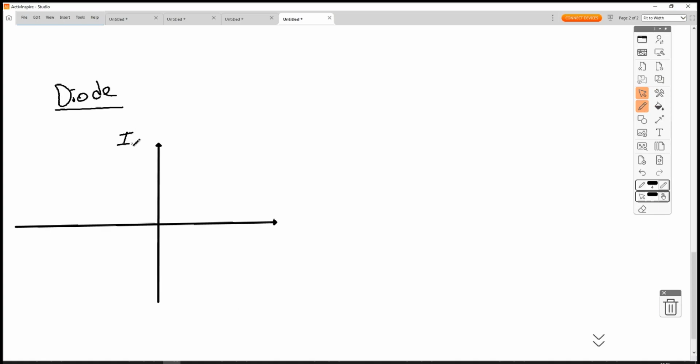So again, we'll put current and potential difference. Now, a diode actually has two sides: the forward bias, where you connect it facing the correct way, and the reverse bias, when you connect it backwards. And they behave differently in these biases.